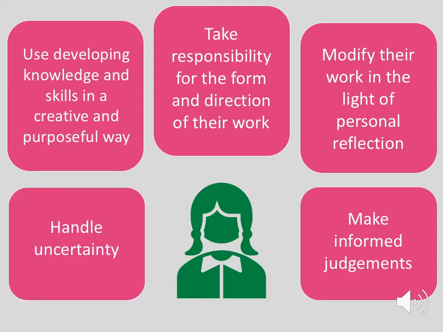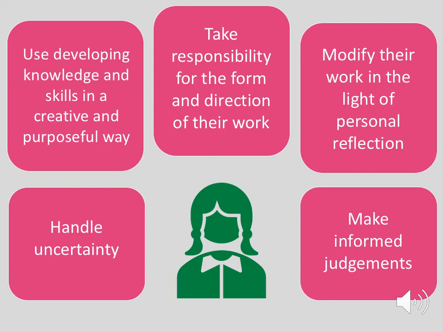And finally, evidence of capability is where children can handle uncertainty. And this to me is one of the central points about design and technology, that we're teaching children to handle uncertainty. That although we want them to make informed judgments, one of the things that they may well come to a realisation of is they don't have all the knowledge and they don't have all the skills.